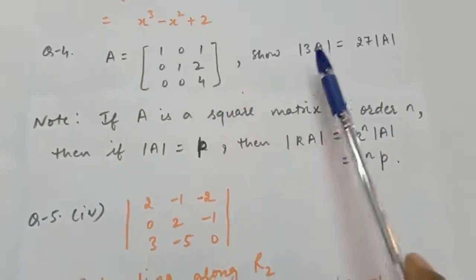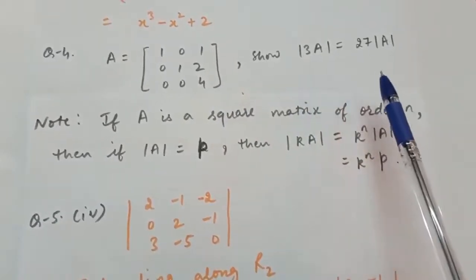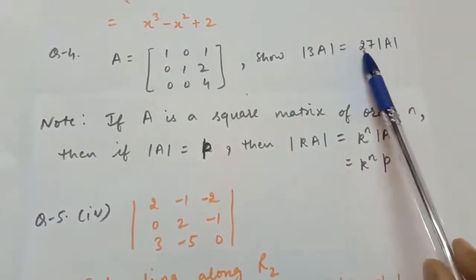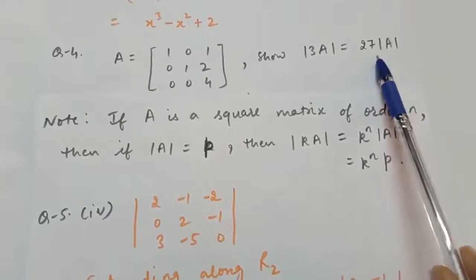So it is equal to 3 raised to the power 3 into determinant of A, and 3 raised to the power 3 is 27 only, right?